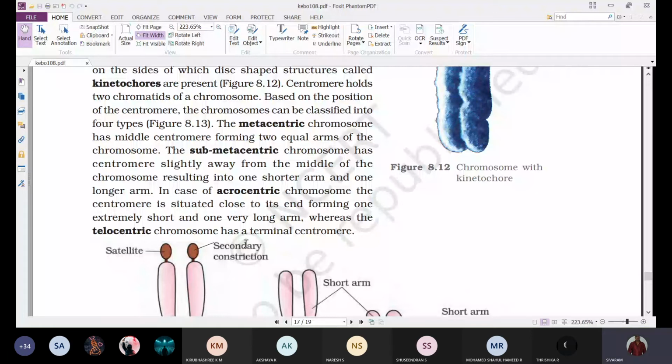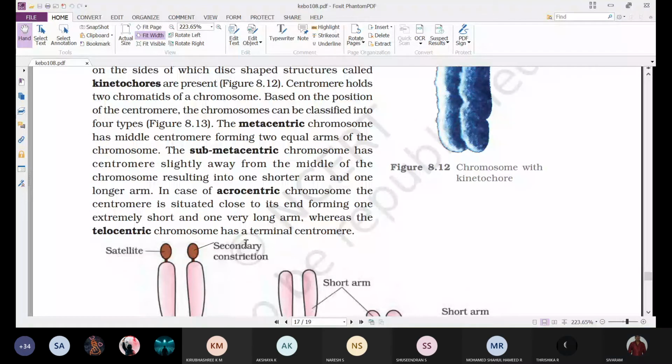And the second one is submetacentric. That means the centromere is present slightly away from the center, in which one chromatid is slightly longer and one chromatid is slightly short. So one short arm and one longer arm.